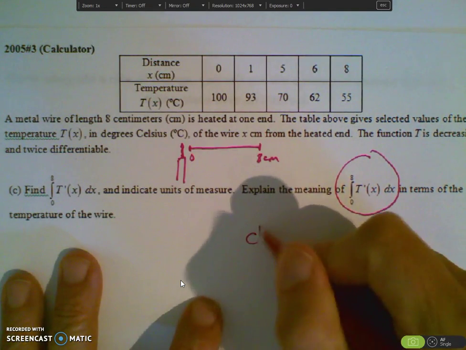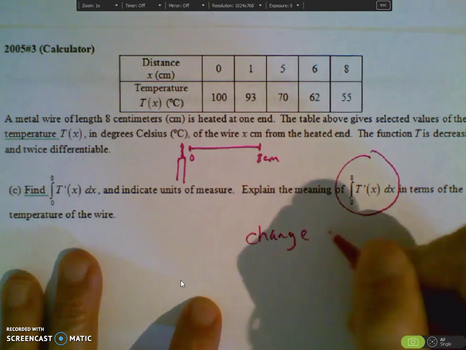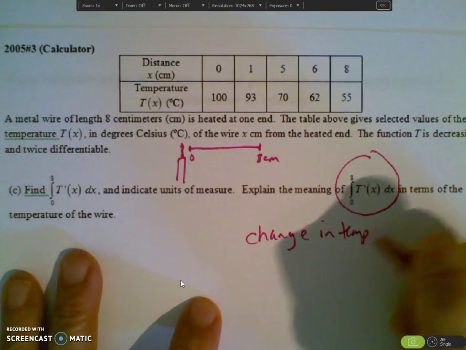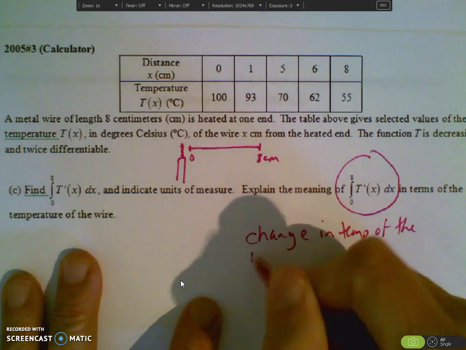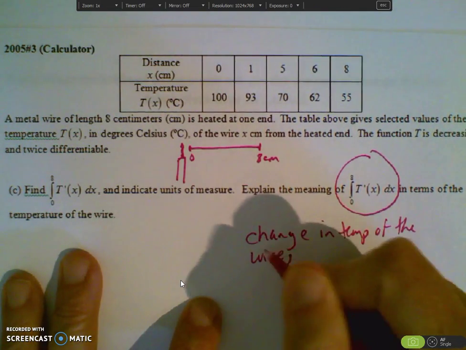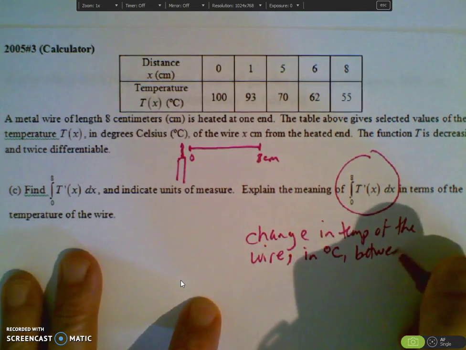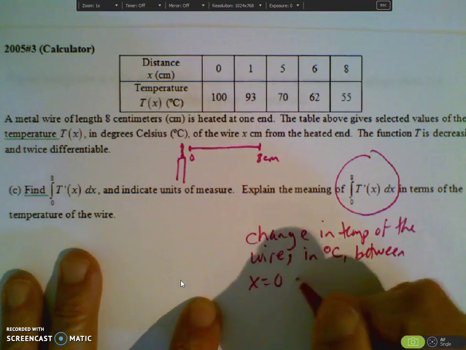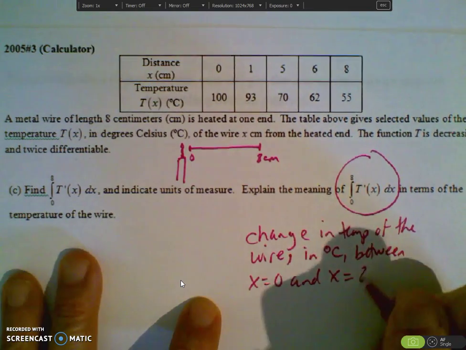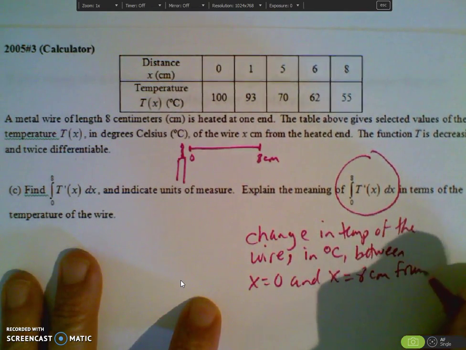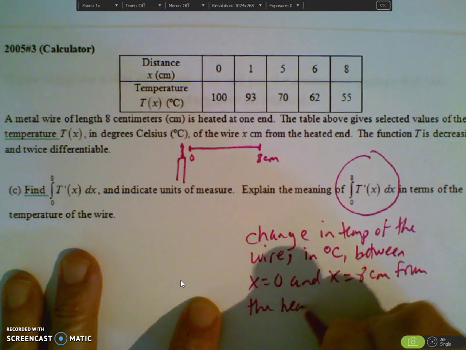So, change in temperature of the wire in degrees Celsius between x equals 0 and x equals 8 centimeters from the heated end of the wire.